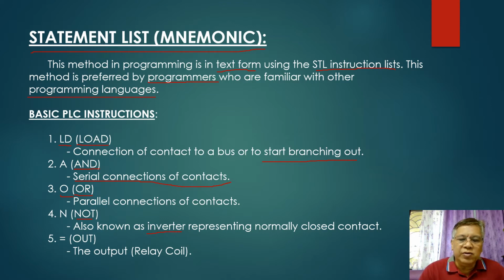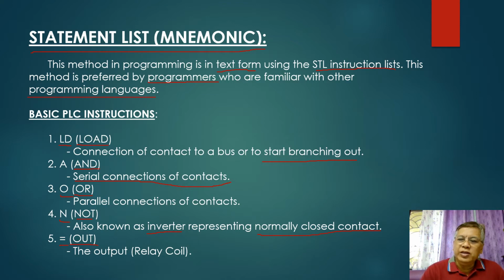This NOT or inverter actually represents the normally closed contact, and in this form it is the letter N. And finally, out. Out is the end result, or the output of your network, which is represented by the equal sign.